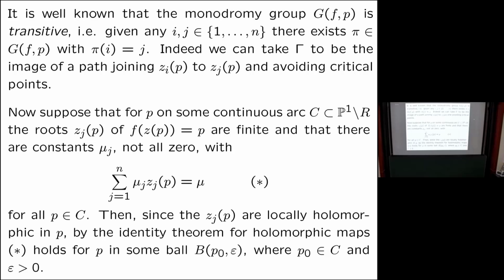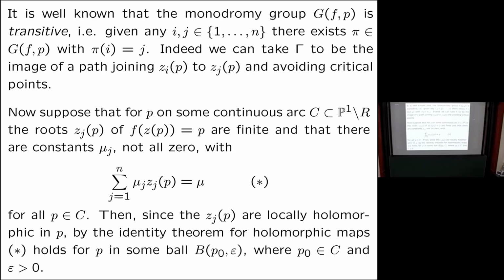Now, the Zj(P) are locally holomorphic functions of P, because this arc does not contain critical values. So by function theory, the Zj(P) are locally holomorphic in P.